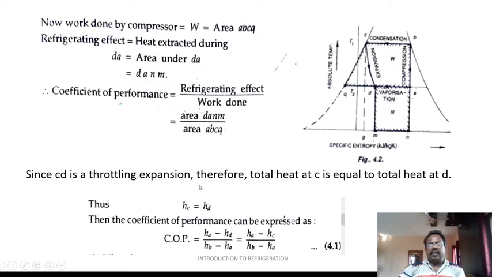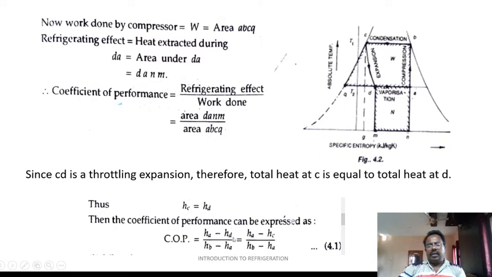Since CD is the throttling expansion, the total heat at C is equal to the total heat at D. This is the throttling process, and the heat at C is equal to the heat at D. Thus, Hc is equal to Hd.